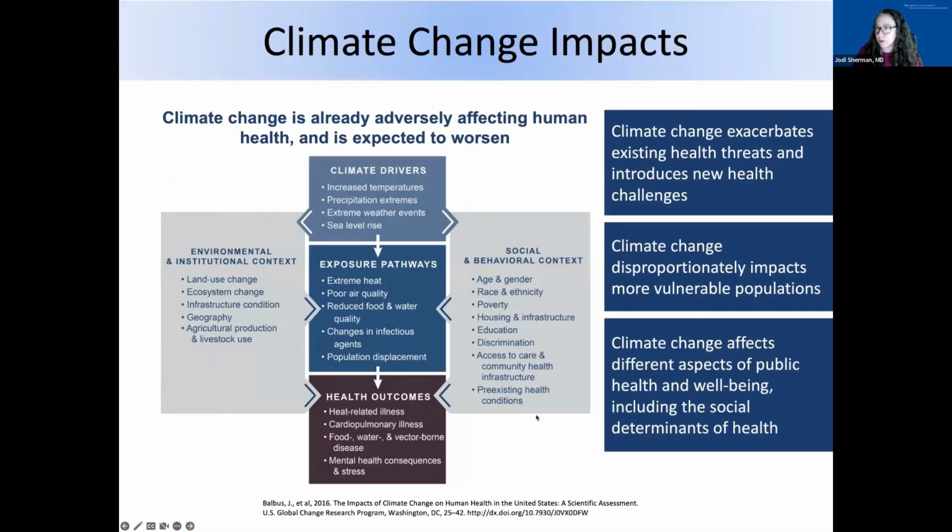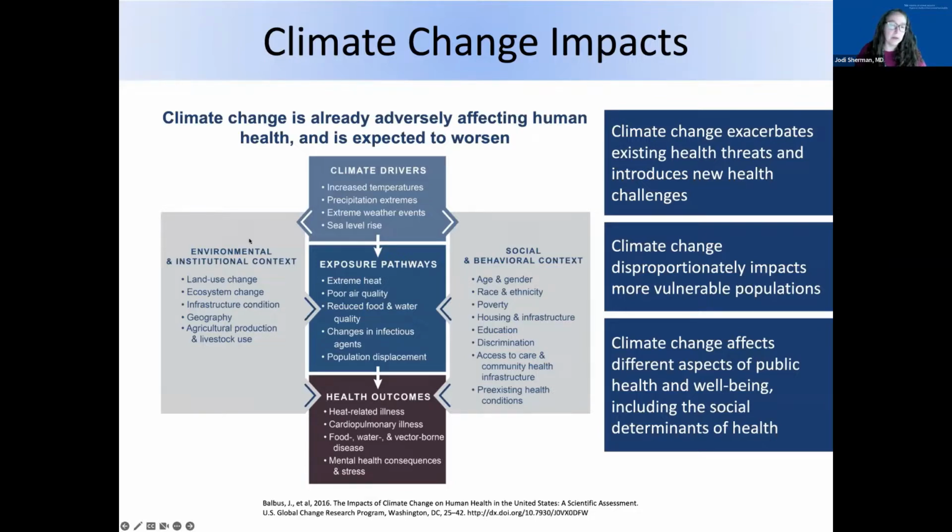And so nobody's death certificate or diagnosis is ever going to say climate change. Climate change essentially exacerbates underlying health threats, introduces new challenges, disproportionately impacts more vulnerable populations, and affects the social determinants of health.